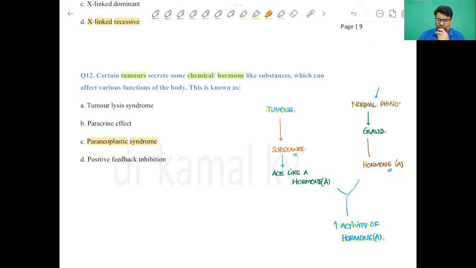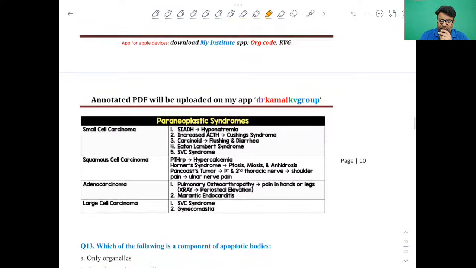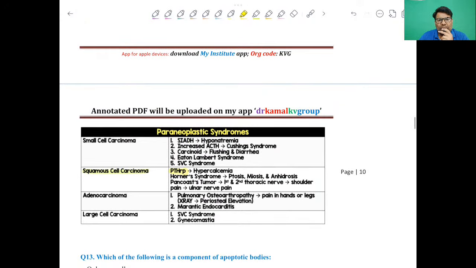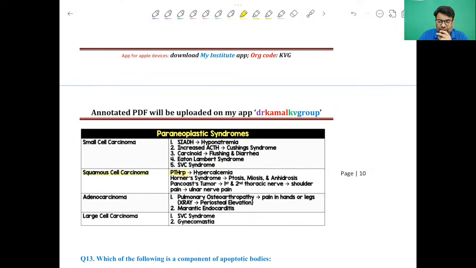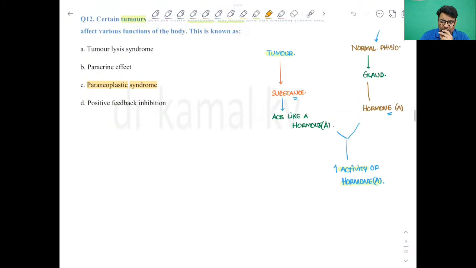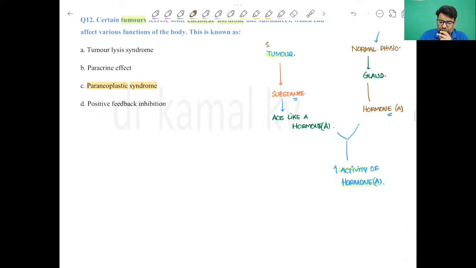This is specially discussed in relation to carcinoma of lung. So especially in cases of the squamous cell variety of carcinoma lung, there is release of parathormone related protein. We know that there is normally secretion of parathormone from the parathyroid gland. So suppose the tumor is a squamous cell carcinoma of lung, and this is producing parathormone related protein.